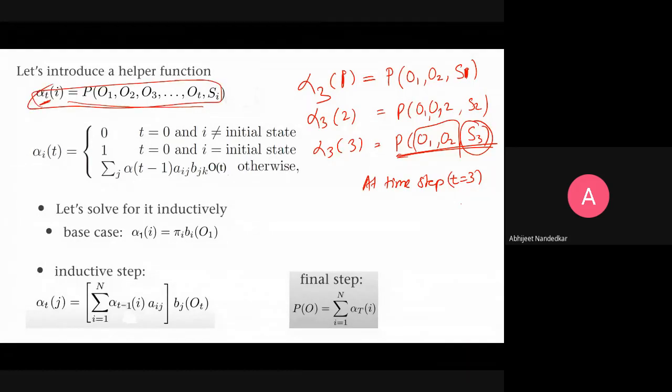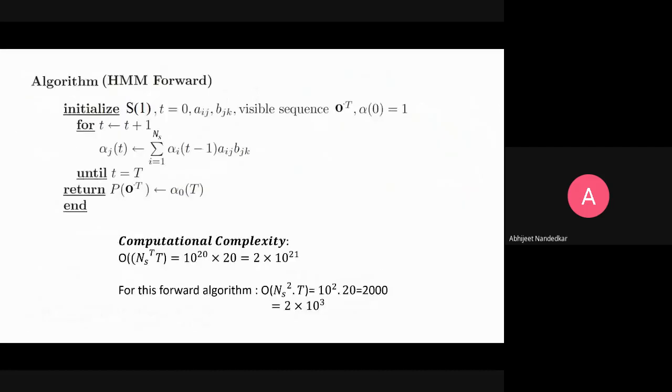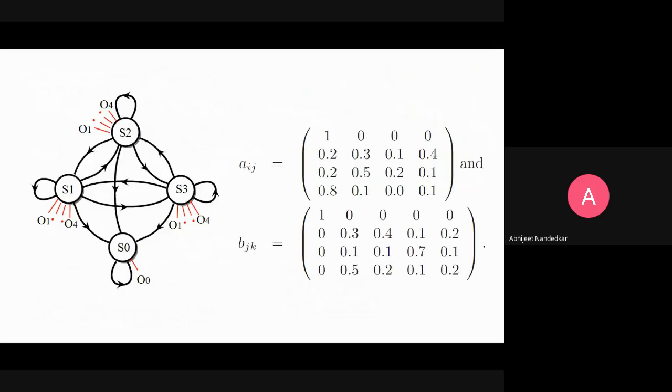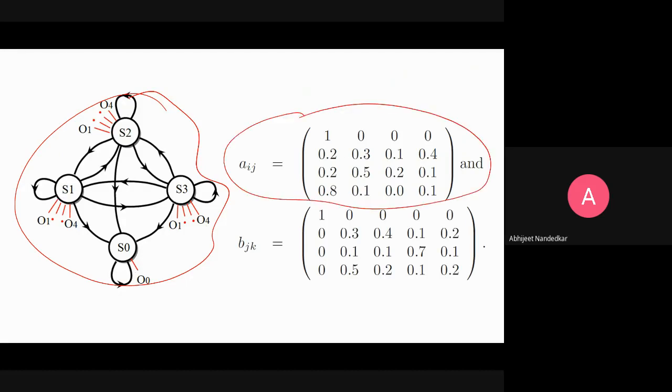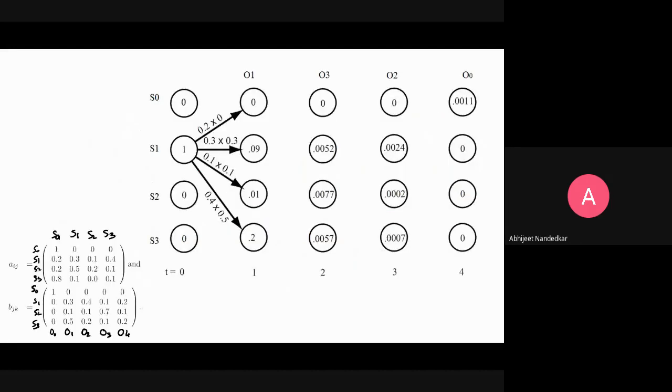This may look complicated, but it's very straightforward. If I directly jump to the diagram, suppose this is some transition diagram and these are the A and B matrices, which are given to you. Then suppose I do this transition calculation.